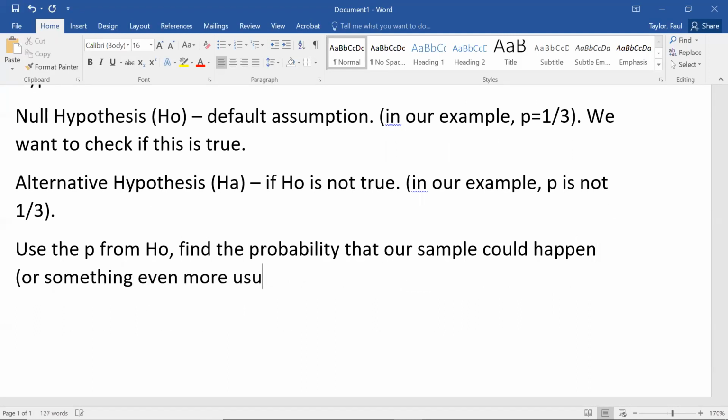So that's what we did, right? We didn't just find the probability that we would get 3 drops out of 20. We found the probability that we would get 3 drops or something even more unusual than that. This number is called the p-value.